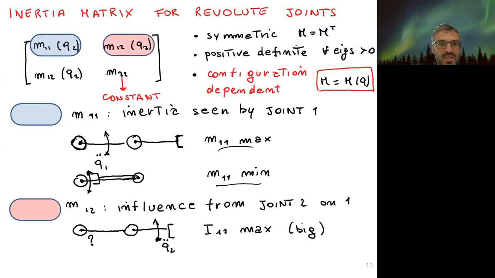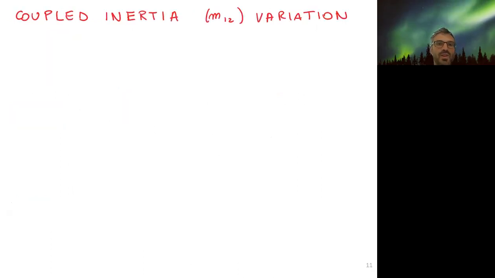In the other case, the coupling term, we see that again the influence is the biggest if you move joint 2 with respect to joint 1 when the arm is completely extended. To analyze its value, we can do a computation.